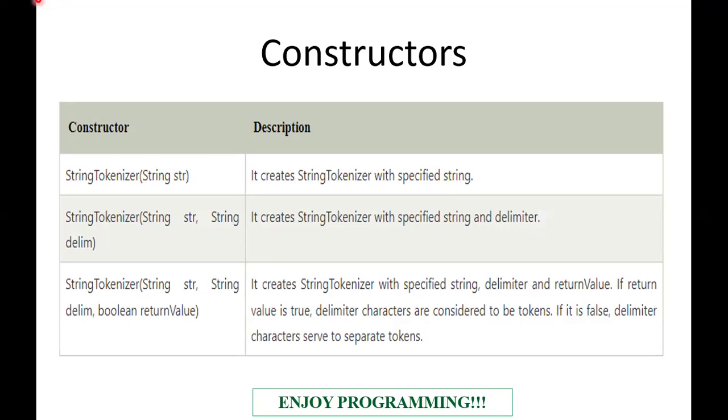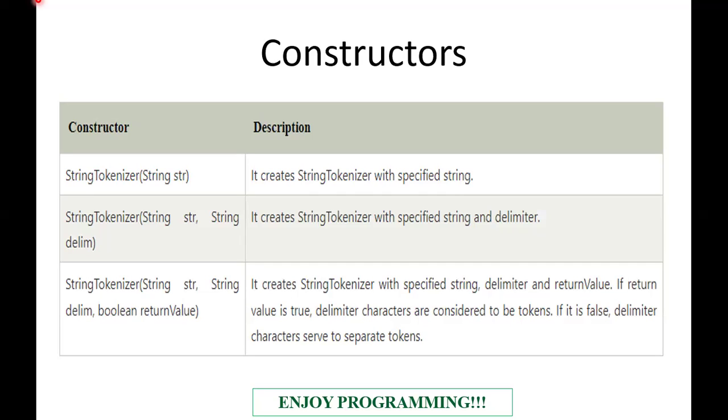The first one is StringTokenizer, and it accepts one argument, which is nothing but a string. It creates a string tokenizer with the specified string. That means the tokenizer uses the default delimiter, which is white space. White space may be a space, tab, new line, a return, or a form feed, whatever it may be.